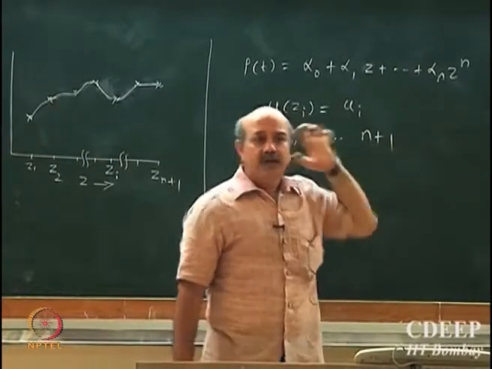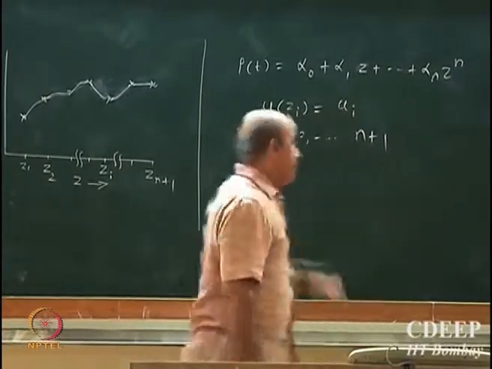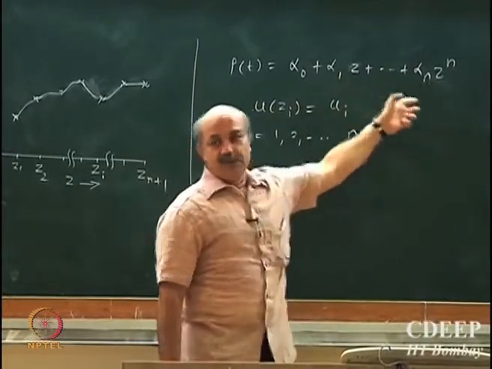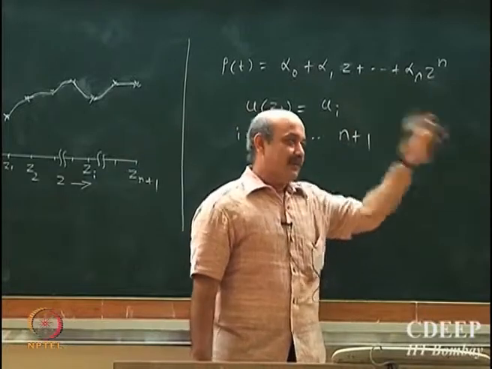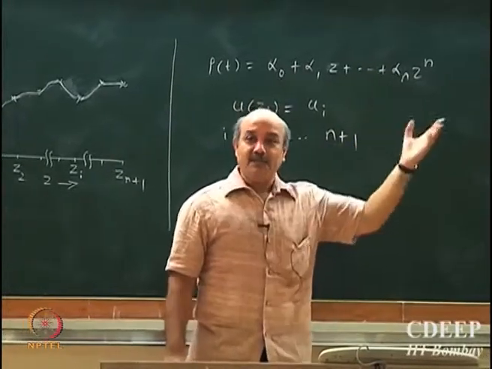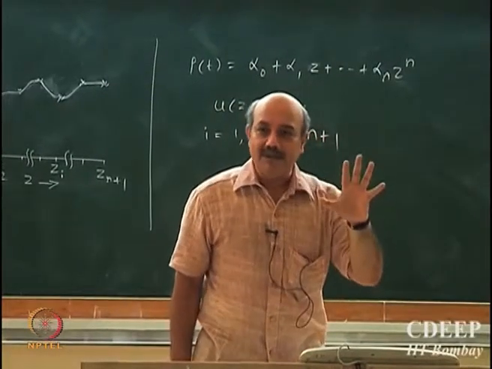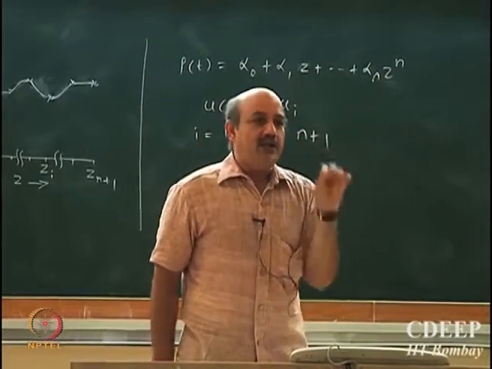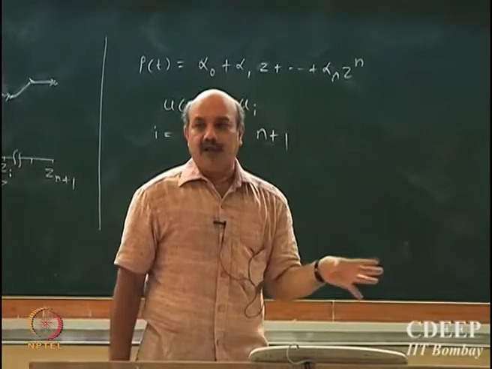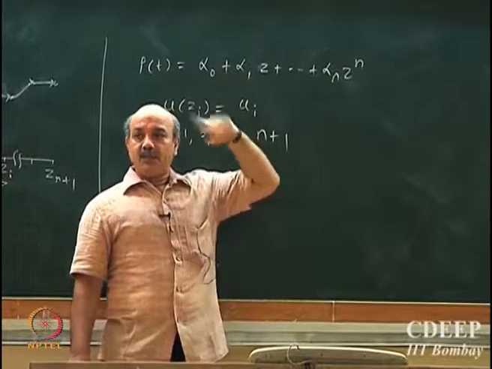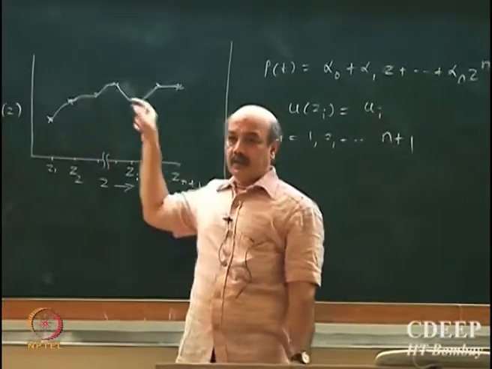It is not necessary that I interpolate only using polynomials. Not approximate, I interpolate. Approximation will come when you approximate the boundary value problem. Right now interpolation is something in which you try to construct a function that passes through every point. So this is a polynomial function that passes through every point here.